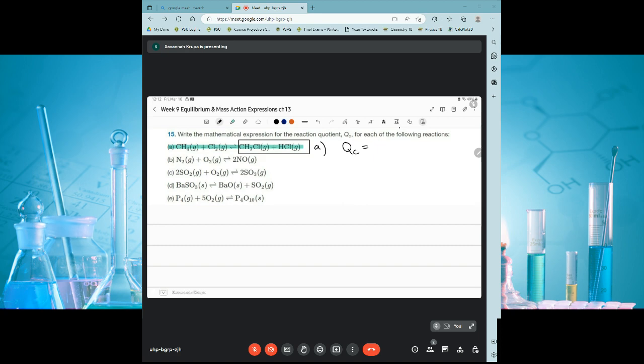So we will have the CH3Cl concentration, and then multiplied by the concentration of HCl. And because they only have coefficient numbers of 1, we will not be raising it to any other power than 1, so we can just leave that alone.